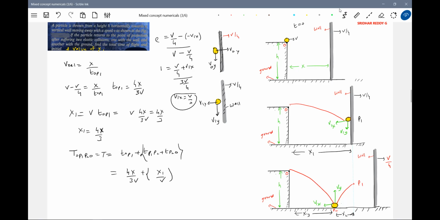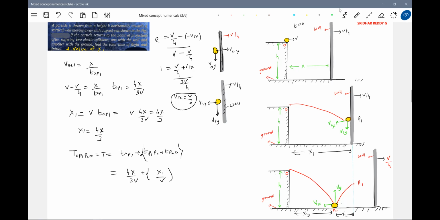A particle is thrown from a point on the origin towards a vertical wall. It'll collide. So it will come like this. This is the trajectory. Then what is the time of flight? The time taken to move from P1 to P2 and back to O is again the total time of flight.